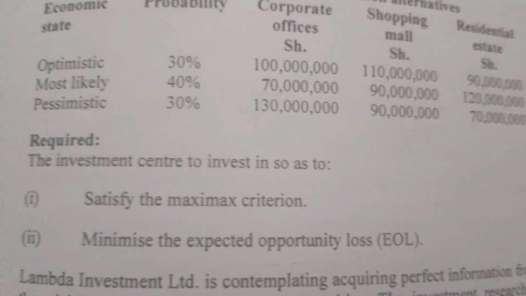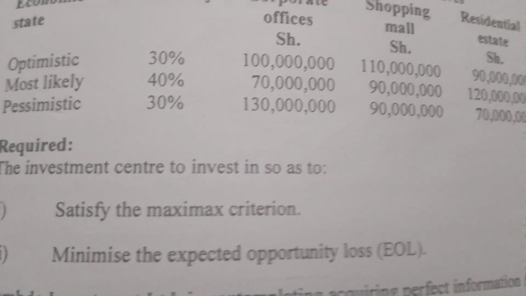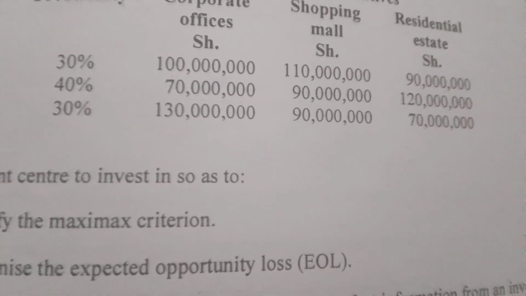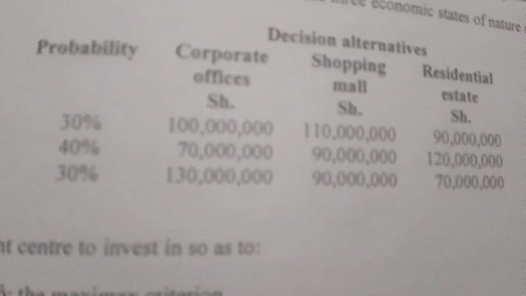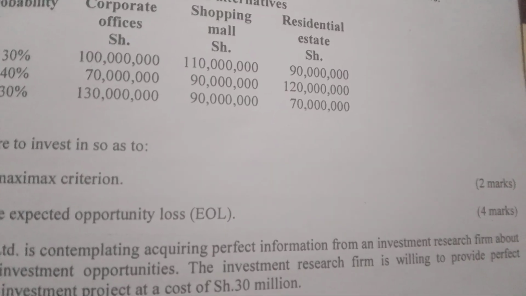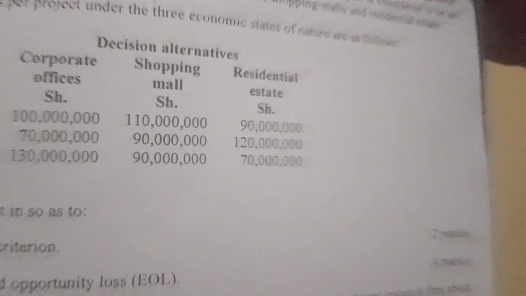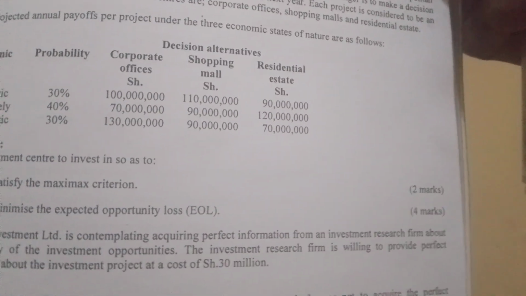You go to the second one. The highest is 120, so it will be 120 minus 70, which is 50. Then 120 minus 90, which is 30. Then 120 minus 120, which is 0.